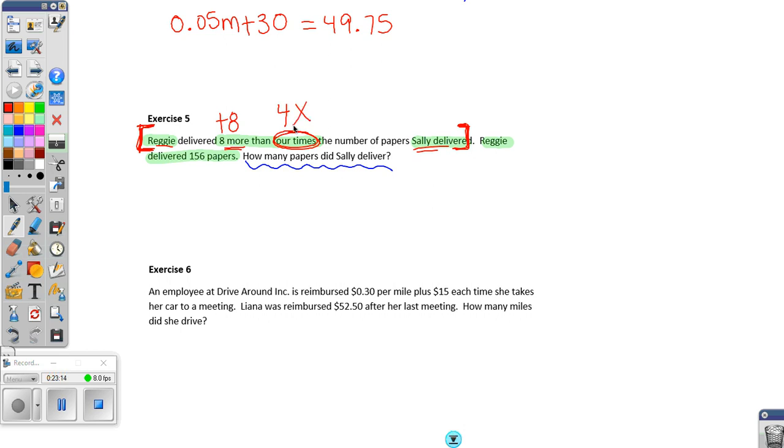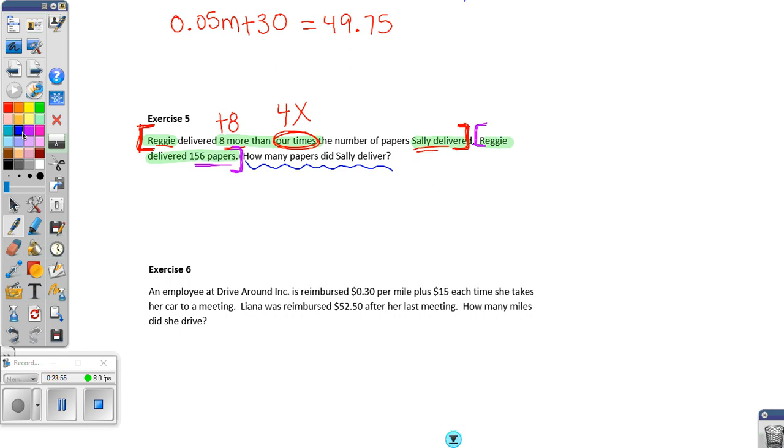If we have 4 times the number that Sally has, that means we multiplied Sally's paper deliveries by 4. That's the first sentence. The second sentence says Reggie has delivered 156 papers. Both sentences are describing how many papers Reggie delivered. That's important to recognize because when you're writing an equation, you want to make sure both sides of the equation are describing the same thing, that they're equal.